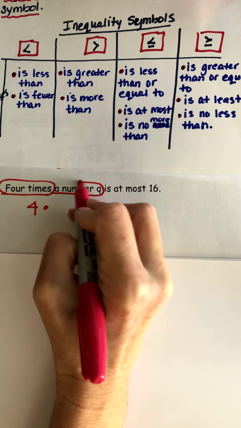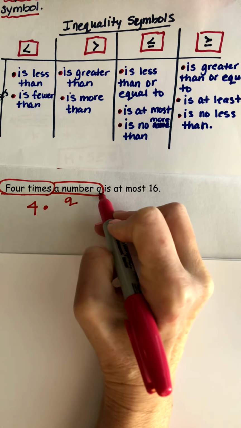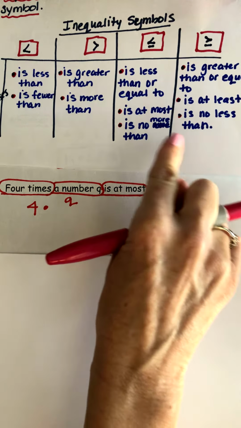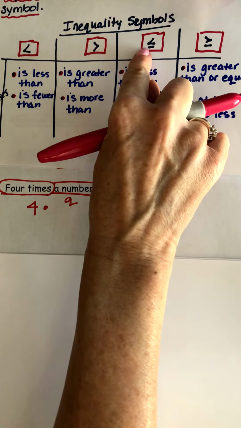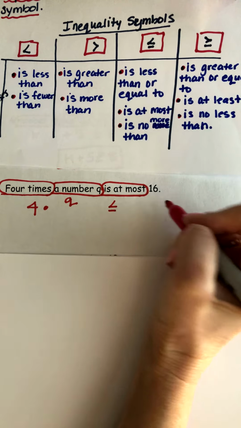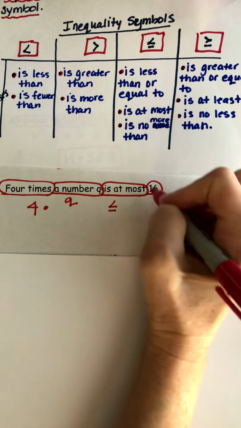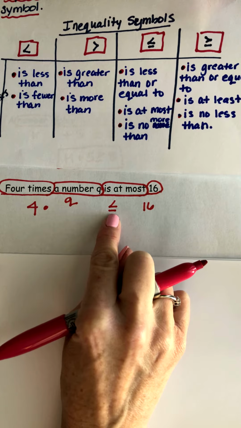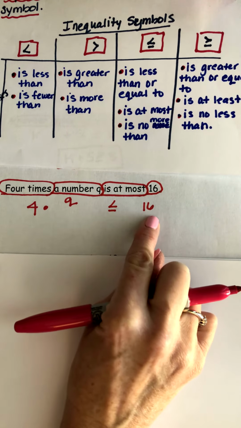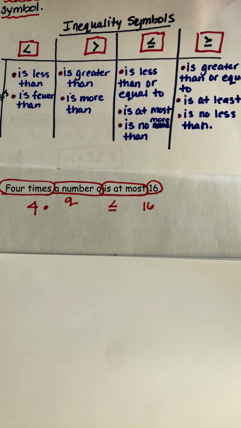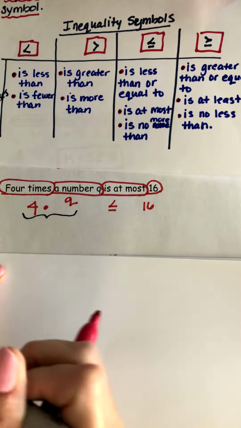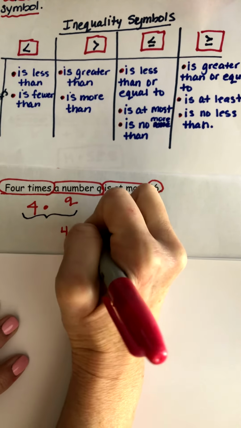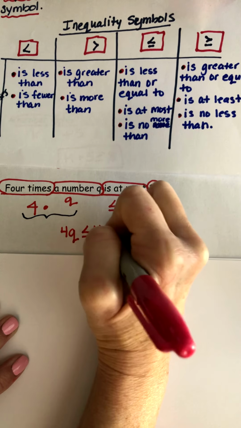A number q is at most. Where is at most? Right here. I'm going to use the less than or equal to sign, 16. So I have 4 times q is at most, so it's less than or equal to 16. Now I'm going to take this 4 times q, where we have a coefficient and a variable that we can put together: 4q is less than or equal to 16.